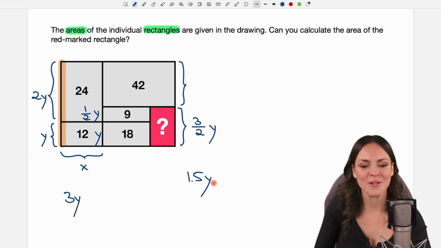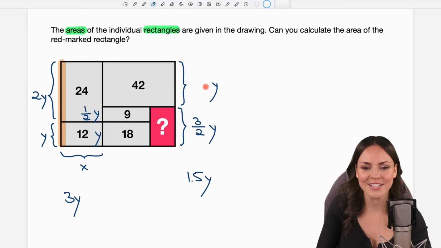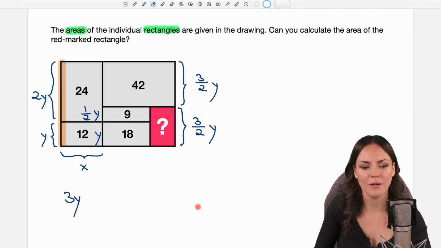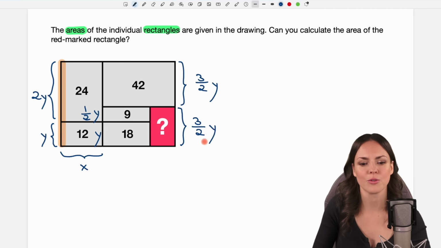If I have 1.5y here, I am going to have 1.5y here as well to get my 3y in total. I don't want to mix these two, so I stay with my fractions, with my 3/2. You can tell me in the comments which you prefer, decimal numbers or fractions. I usually take the fractions.